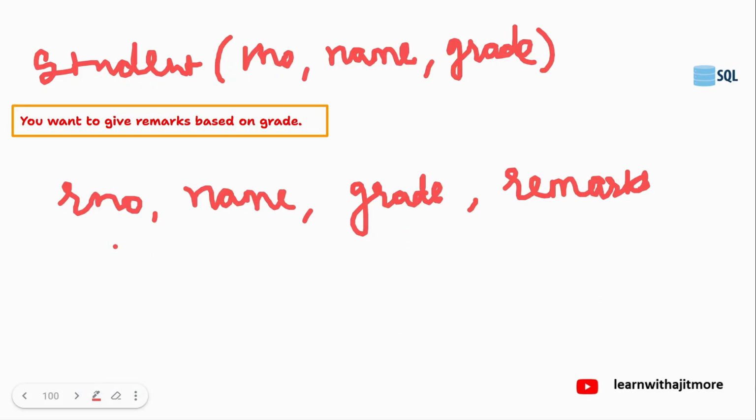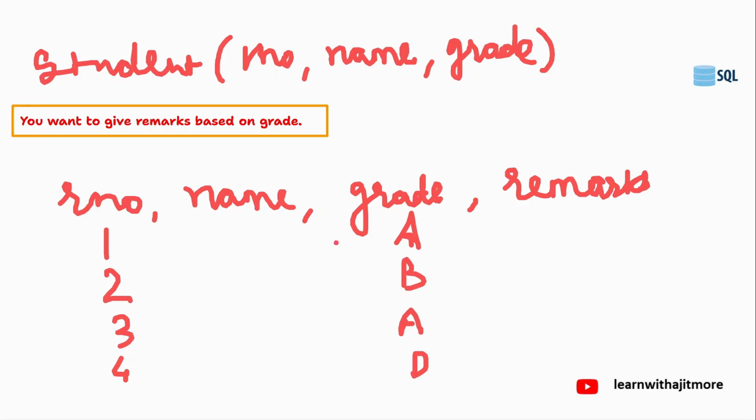So for each and every record, as many records are there, correct? Every record will have some grade. So on each record's grade, we will apply that case, correct? And in that case, we'll check the grade. If grade A is there, we'll give one remark, B another, C another, and D another. So it will pass this grade to that case, and based on that, whatever result you get will be printed in remark.